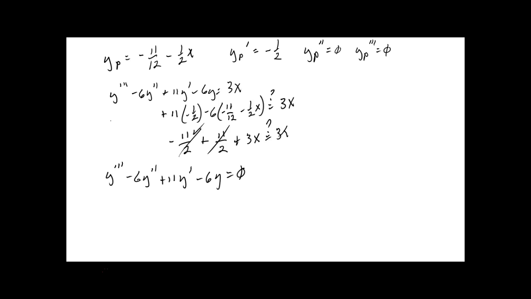Now, in example 9, the last one we did, we saw that y1 equal e to the x, y2 equal e to the 2x, and y3 equal e to the 3x was a solution of that. They are linearly independent. We did the Wronskian of them, and it came out non-zero.